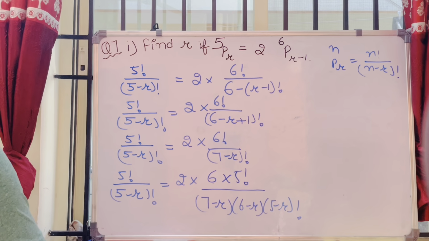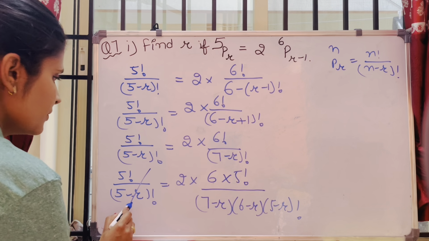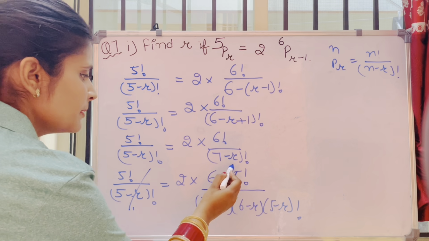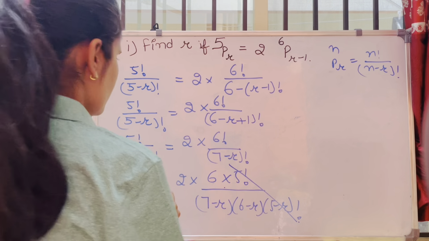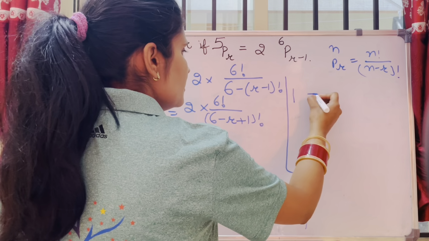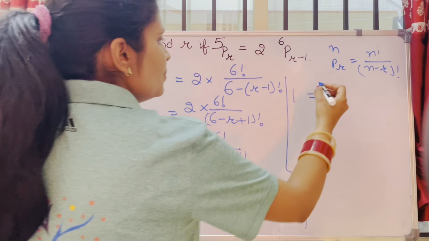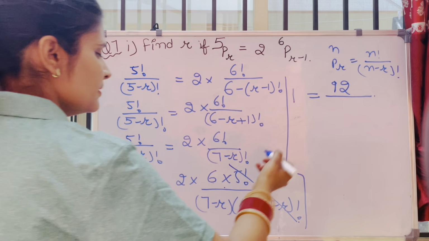So you can see here that 5 factorial upon (5 minus r) factorial cancels out on both sides. So we are left with 1 on the left side, which is equal to 2 into 6, that is 12, upon (7 minus r)(6 minus r).